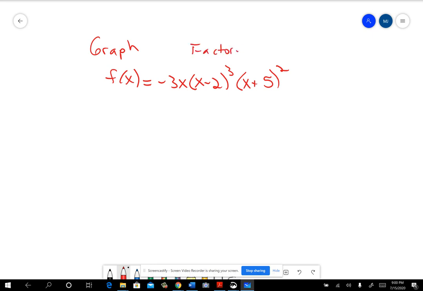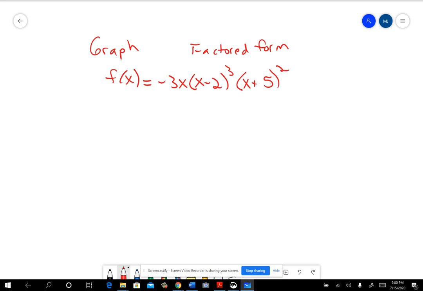What if you want to graph the function f of x equals negative 3x times x minus 2 to the third times x plus 5 squared. This right here is in factored form, which is awesome. It gives me a lot of information at a glance without me having to do very much work.